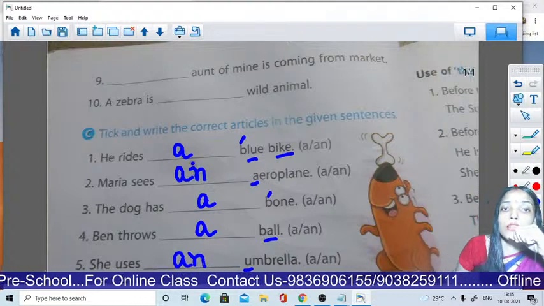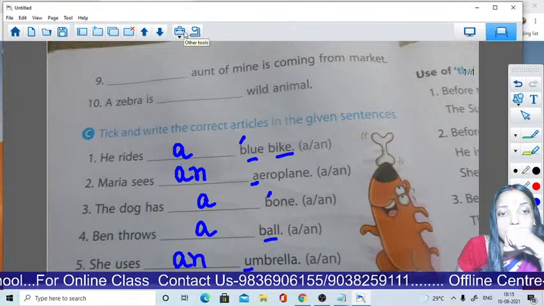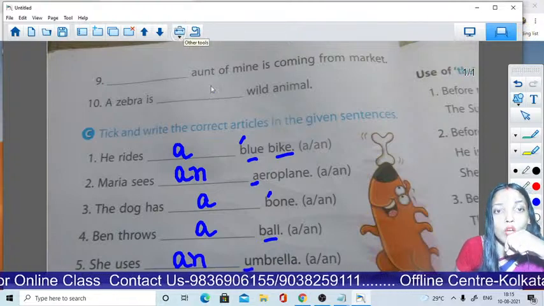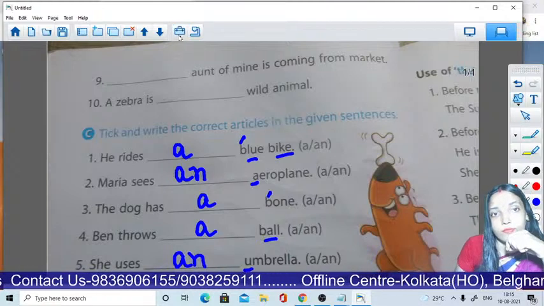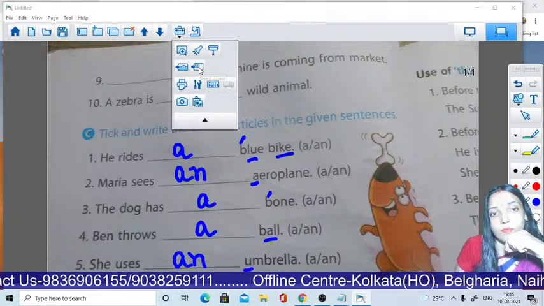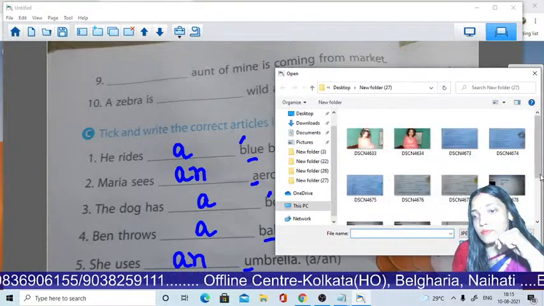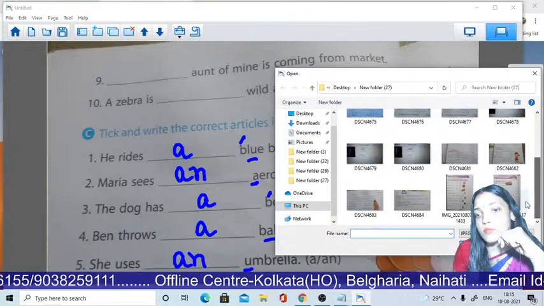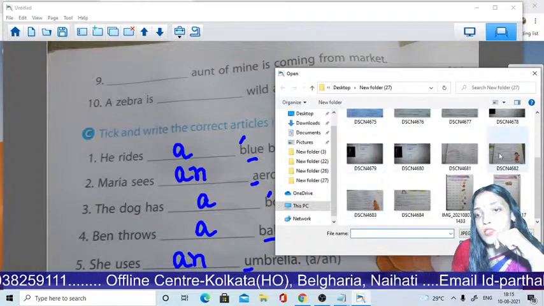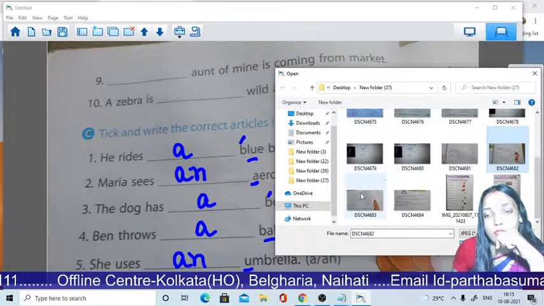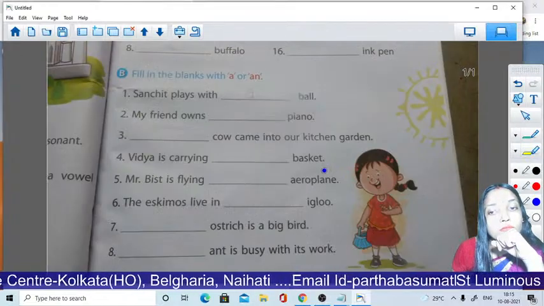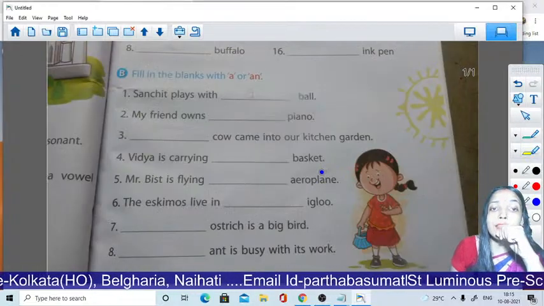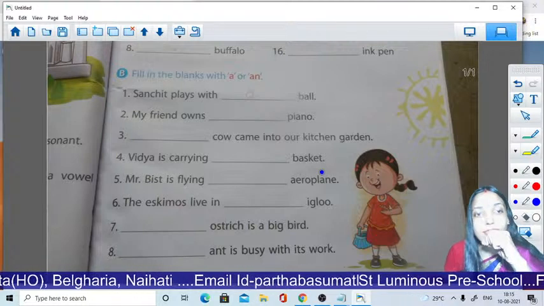Now I want to show you my another worksheet page. So, let's see with me. Article is very interesting thing. Yes, this is my second worksheet page.